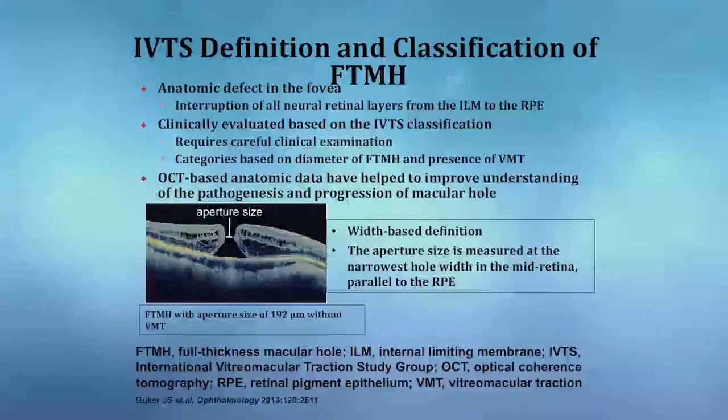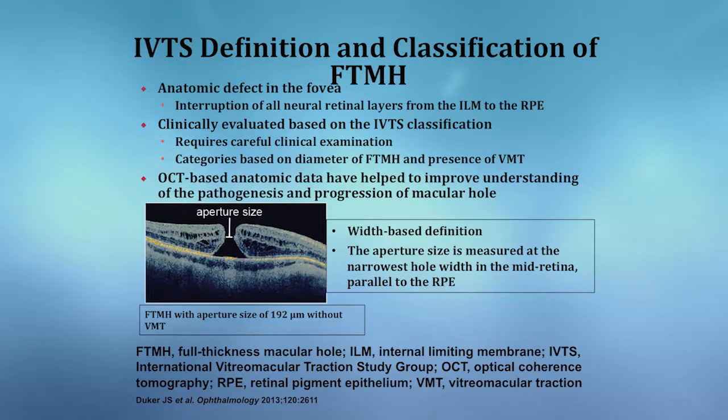What is the classification of the macular hole? IVTS is the International Vitreomacular Traction Study group, and this is the classification of the full thickness macular hole. What's a full thickness macular hole? As you are seeing in the pictures here, it has an anatomic defect in the fovea, an interruption of the whole neural layer of the retina, starting from the ILM to the retinal pigment epithelium down there.